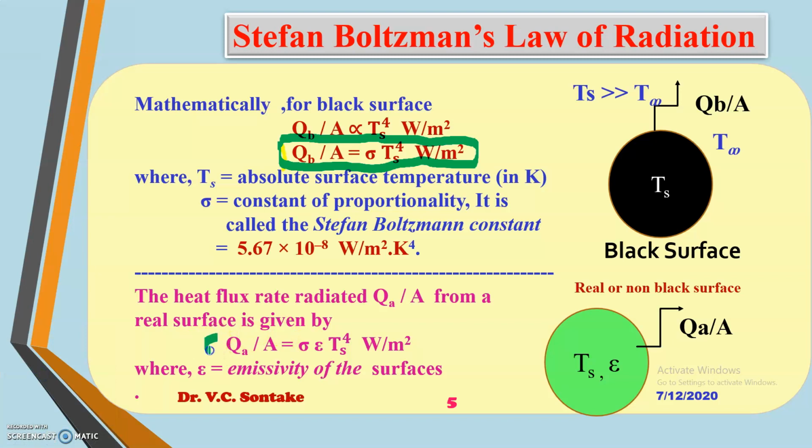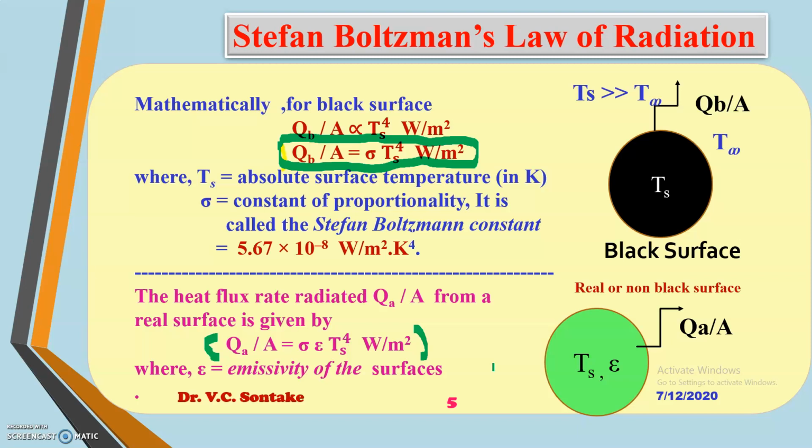This is the rate of heat transfer by radiation per unit area for a real surface, where epsilon is called the emissivity of the real surface. Now, what actually is emissivity?